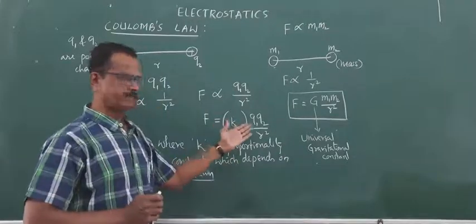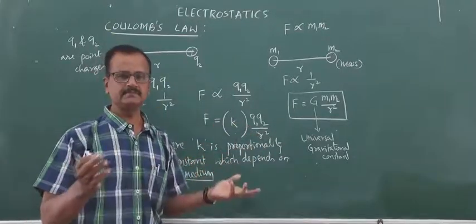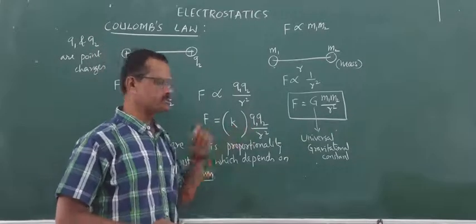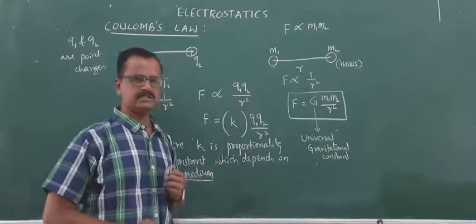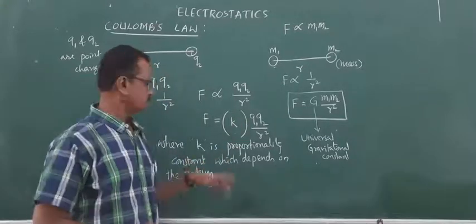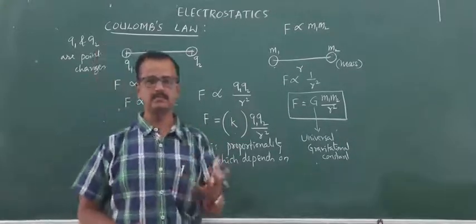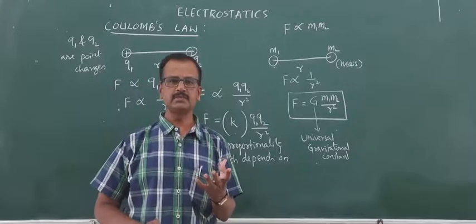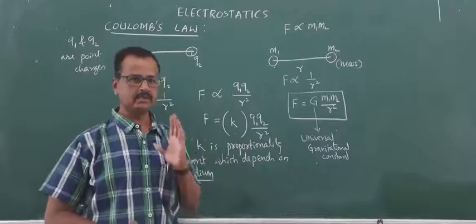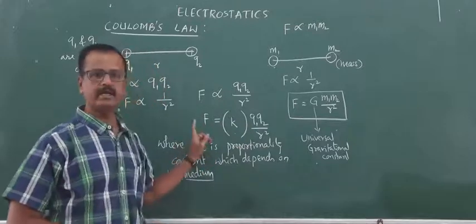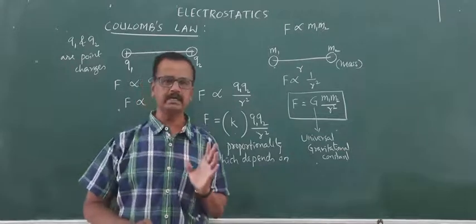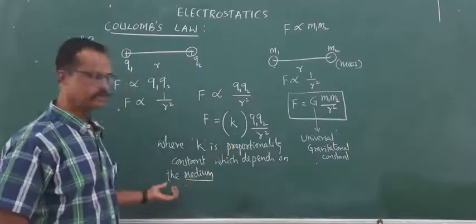It will be repulsive when the charges are like charges. So the force depends on the product of these charges. When the product is positive, the force is positive, and thus it will be a repulsive force. If the product of charges is negative, then the force will be negative. The negative force shows that it is attractive in nature. So that is what we are going to conclude.